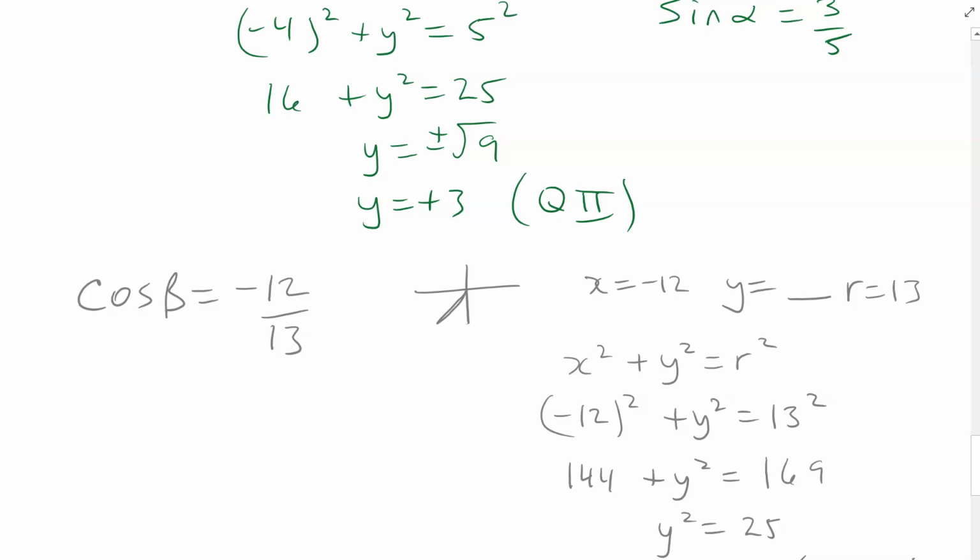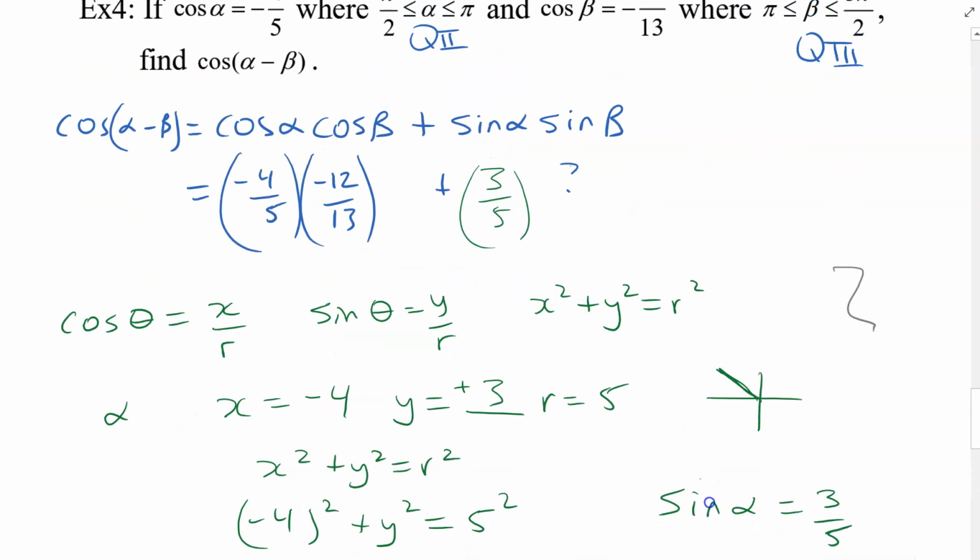So now I know that the sine of beta is going to be equal to y over r. So it's going to be equal to -5 over 13. And now I can go over here and write this in. -5 over 13. Okay, I didn't give myself too much room, so I'll just work this to the right. I need to multiply these two together.